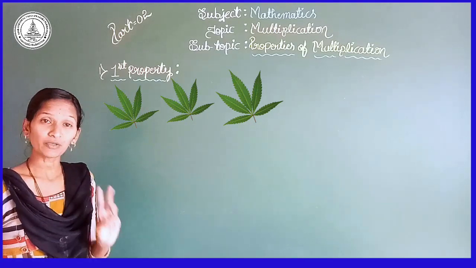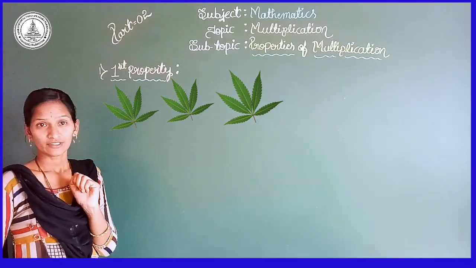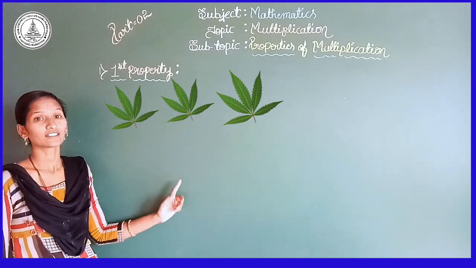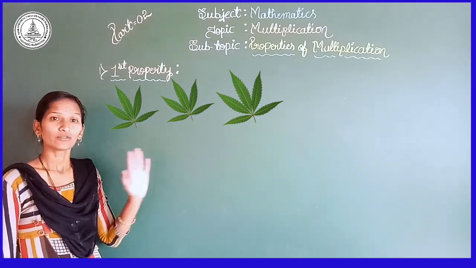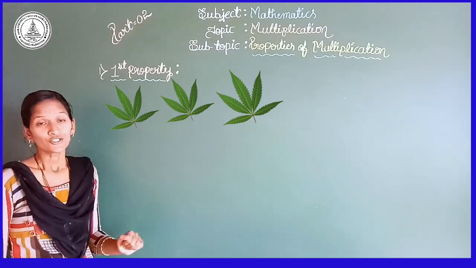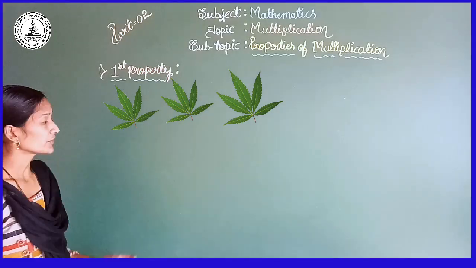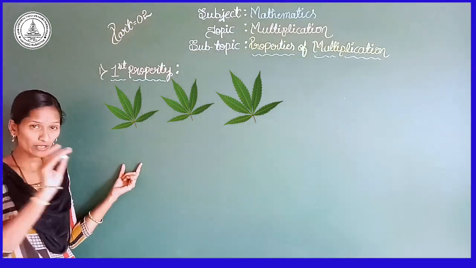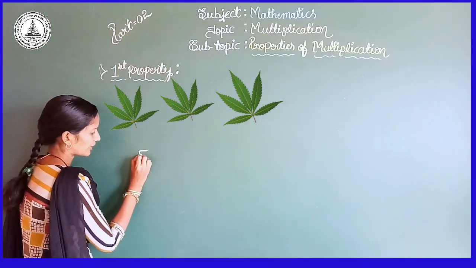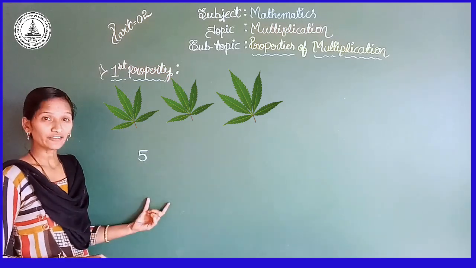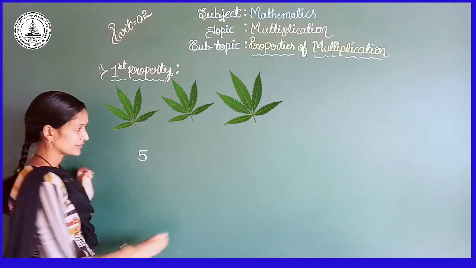And each twig has 5 leaves, right? In the first twig also 5 leaves are there. In the second and third also we have 5 leaves, right? So now let's find out the total number of leaves. In the first twig we have 5 leaves. So I am writing 5 here. Next, in the second twig also we have 5 leaves.